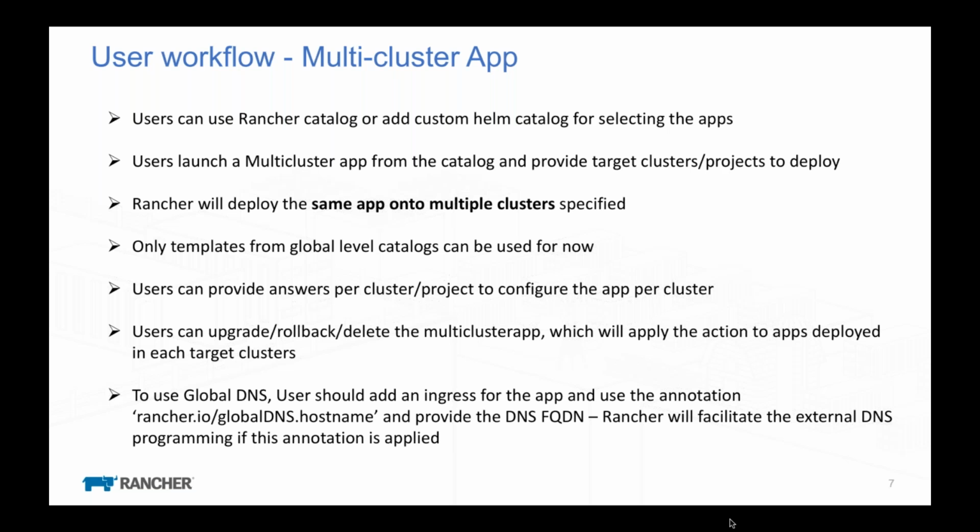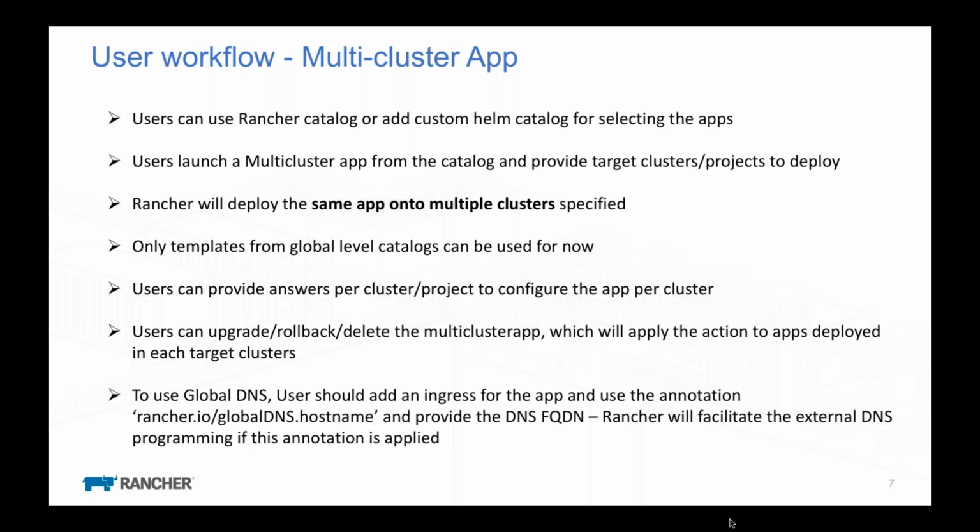Now, this workflow is at the global level, outside of all the clusters, so only templates available from the global level catalog can be used for now. Users can provide answers per cluster and per project to configure the application. If users want to deploy a particular application to multiple clusters but configure, say, the username and password differently for different clusters, that can be done using the multi-cluster app answer override feature.